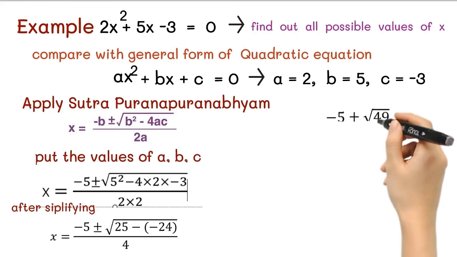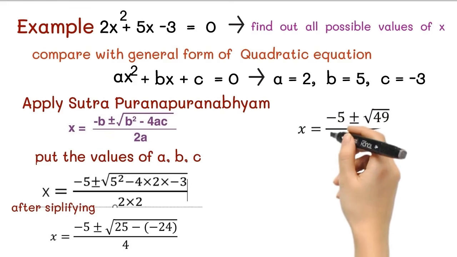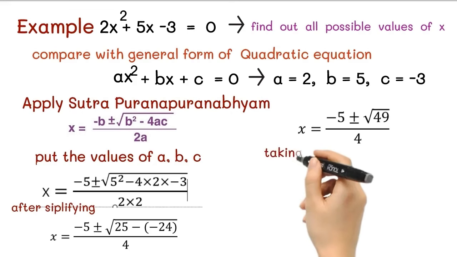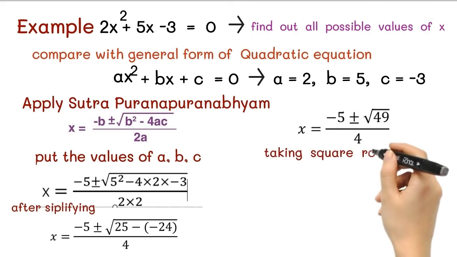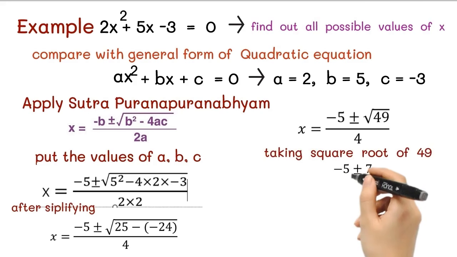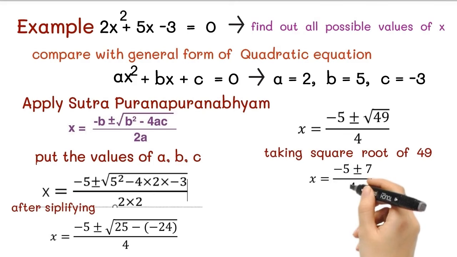Now we will simplify this one and then we will get minus 5 plus minus square root of 49 upon 4. Taking the square root of 49, we get minus 5 plus or minus 7 upon 4. Now to get the values of x, we need to simplify this one.